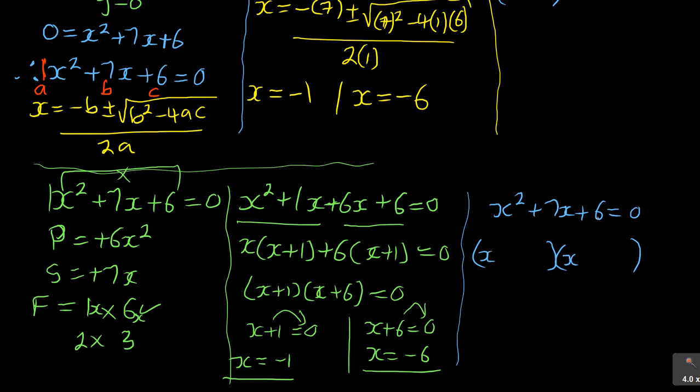Now because they have got 6, they look at the product, they put a 6 there, they put a 1 there. 1 times 6 will give them a 6, and then they put the signs. Actually it's a positive and a positive, that's why we get a positive 7 there. So this will be equal to 0, taking you back to that particular answer. Now whichever way you solve it, the answer will still be x is equal to -1 or x is equal to -6.